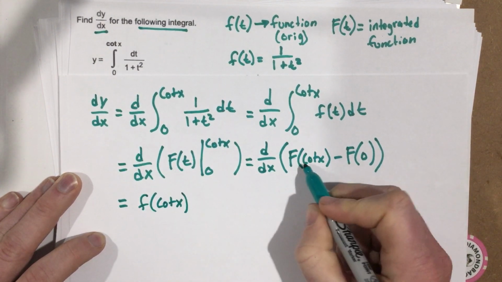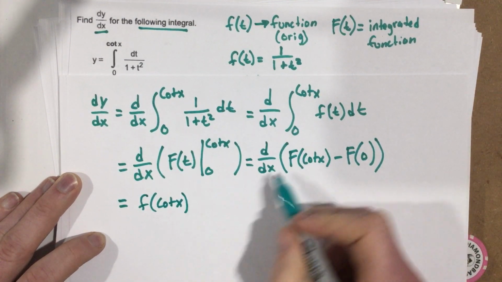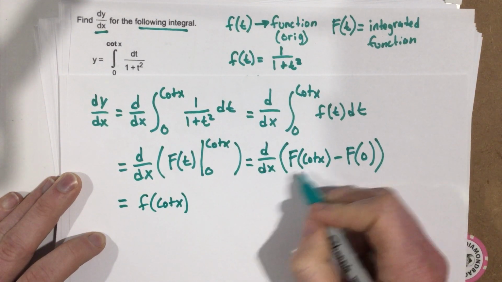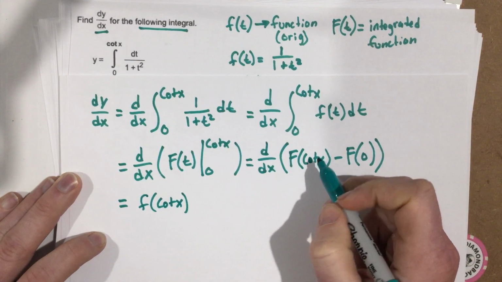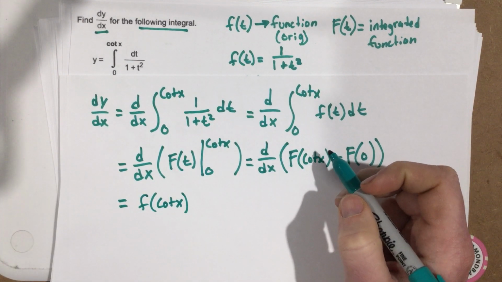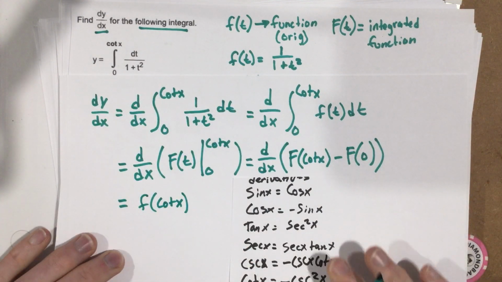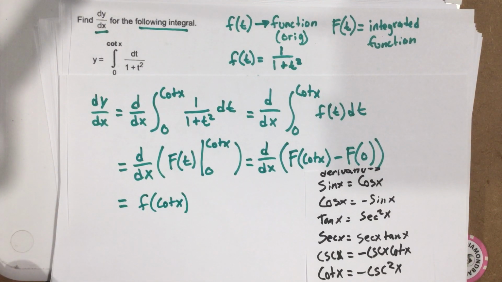But we know that this is the derivative of the outside function. I have an inside function, which is cotangent x. So when I do the derivative of this function, it's not just f of cotangent x, it's f of cotangent x times the derivative of the inside. Well, what's the derivative of cotangent x? If I bring in my derivatives for trig functions, I can see cotangent x's derivative is negative cosecant squared x.